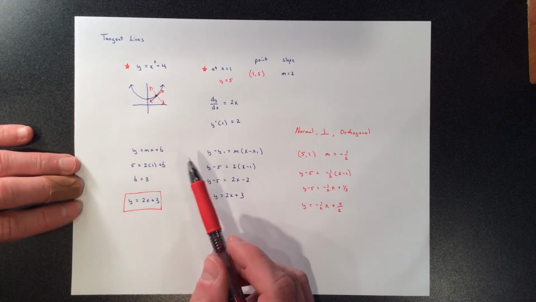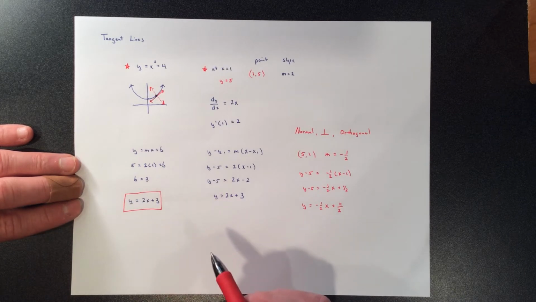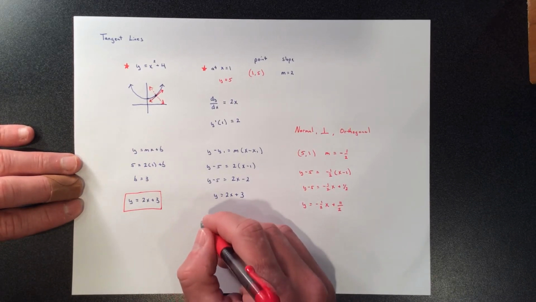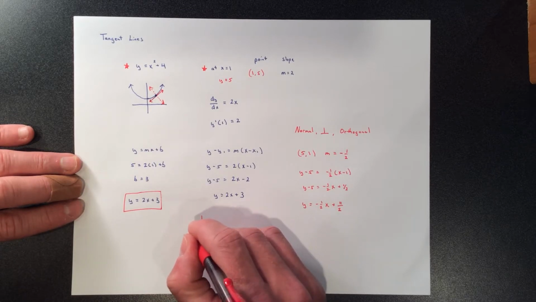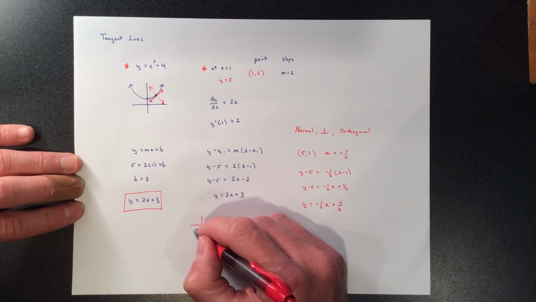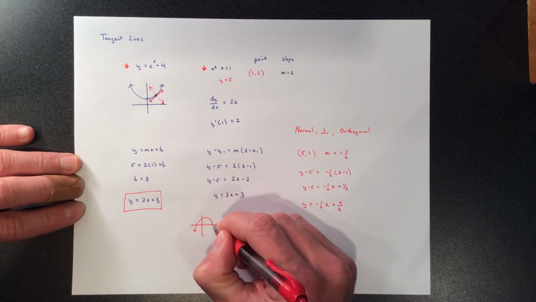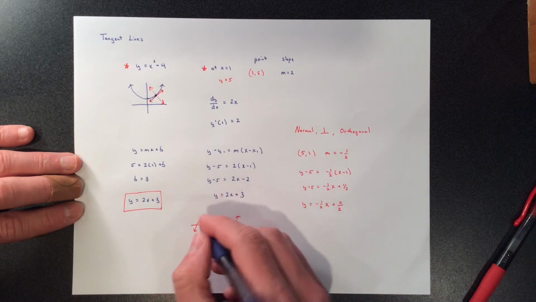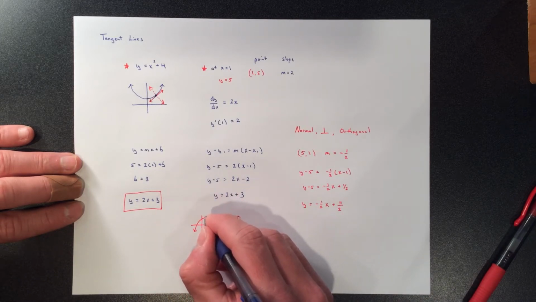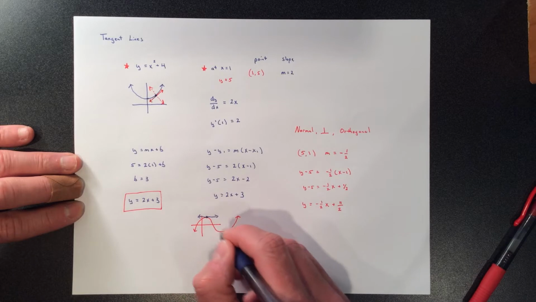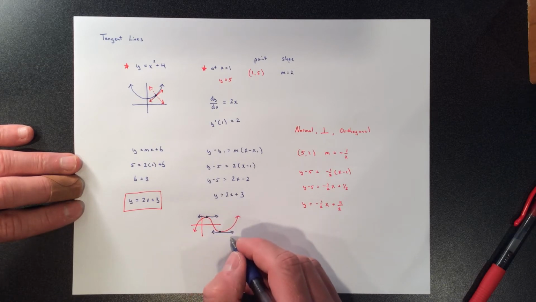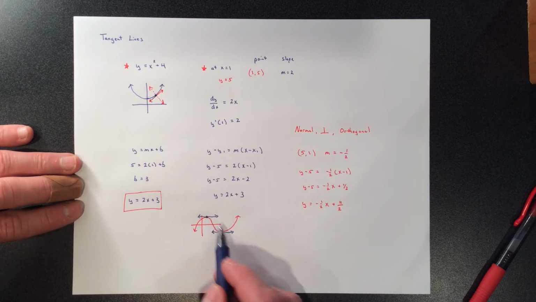You might ask the question, why do we need to find equations of tangent lines? Well, probably the first two things you're going to do in calculus, or maybe the interesting ones, is you will eventually use tangent lines. And you will notice that there are two really nice tangent lines here. There's the tangent line here, and there's another cool tangent line right there, in that you'll see that when you have a horizontal tangent line, you typically have a maximum or a minimum.